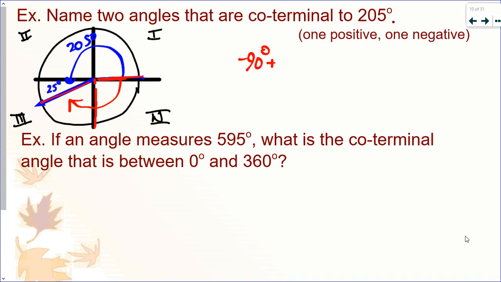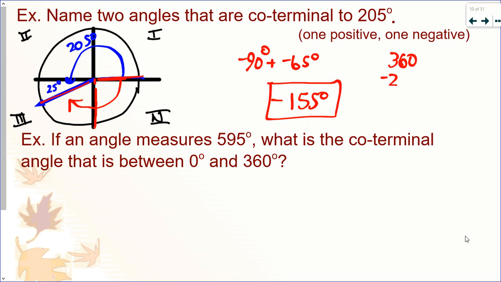So it looks like I have to go 65 more to get here, because 25 plus 65 gets us that 90. So it's going to be negative 155 degrees is another way to go. And one way you could figure it out is you could just take 360 and subtract off that 205. And that's going to give you the amount you've gone. So that's a negative coterminal angle.